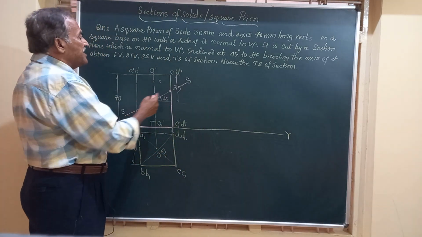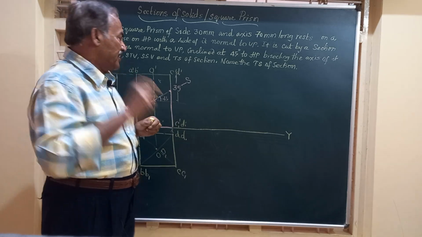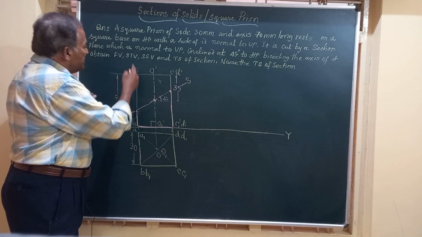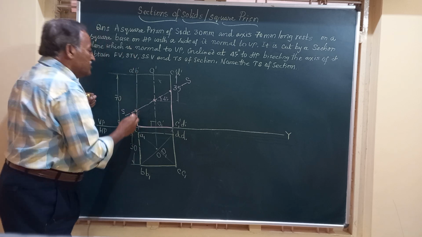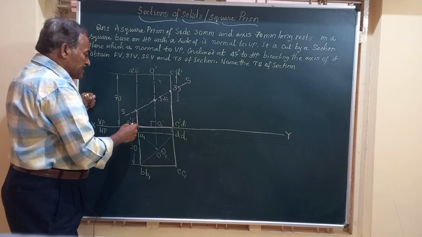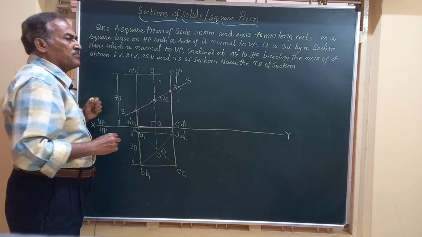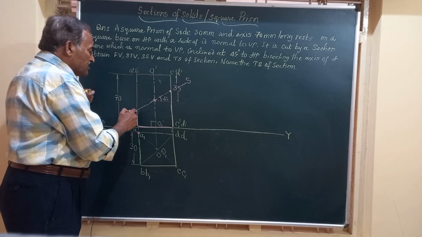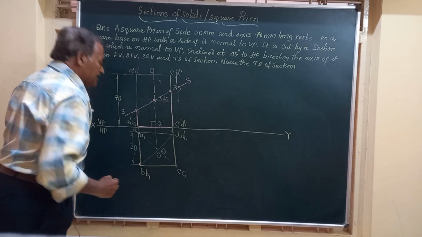Hence, let us obtain those points in the top view one by one. When you start with the solid edge A dash, A1 dash, it is cut here. So A dash is cut here, and this is the corresponding point in the top view. Similarly, B dash, B1 dash is also cut here. So you will get the point here.